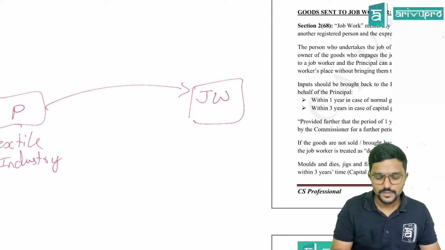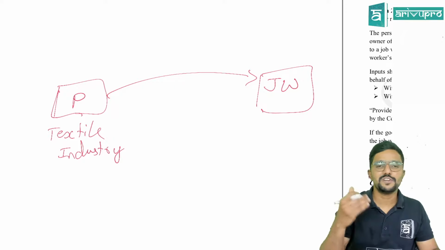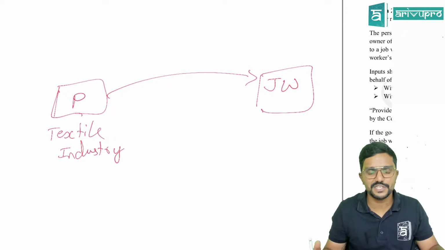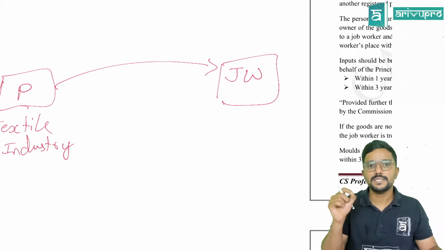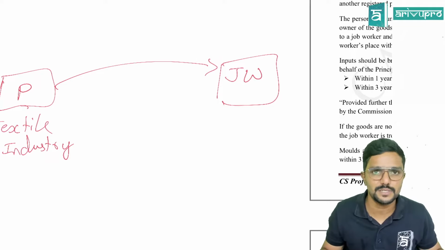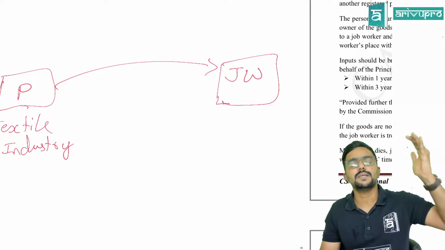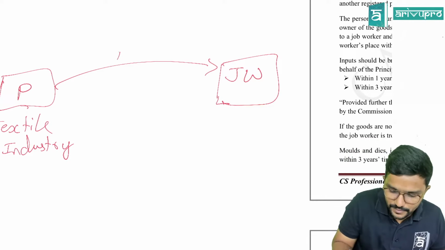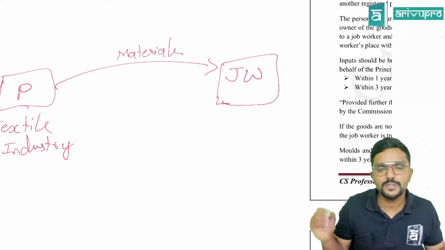So this principal, engaged in the textile industry, sends the shirts and pants for button stitching. The clothes will be stitched by the textile industry principal only; only for stitching the buttons is he sending the materials to the job worker.